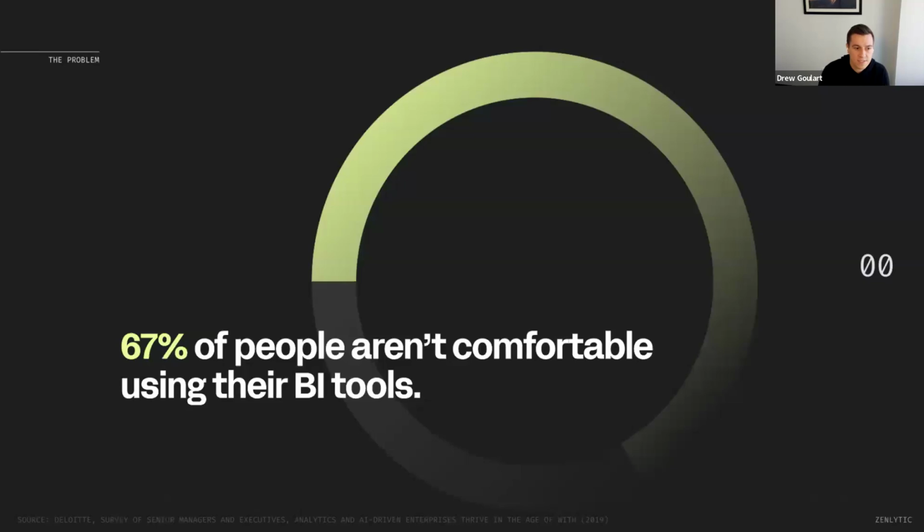And we know this according to the data, right? Deloitte recently put out a survey finding that 67% of people aren't comfortable using their BI tools today. We think that comfortable actually sets a really low bar, and that number is higher. But that's what the market data shows.